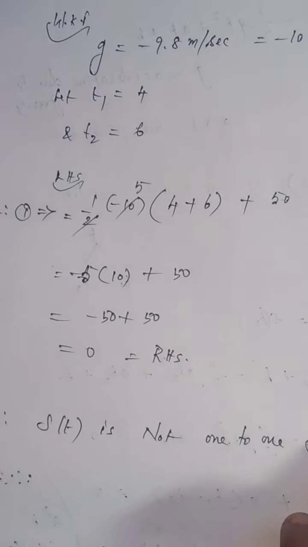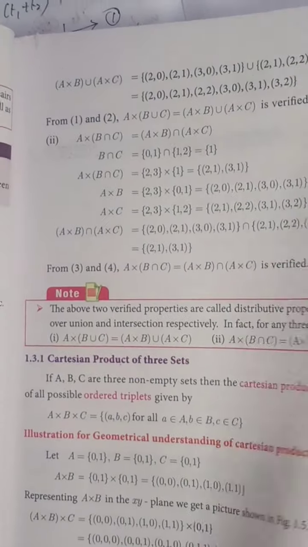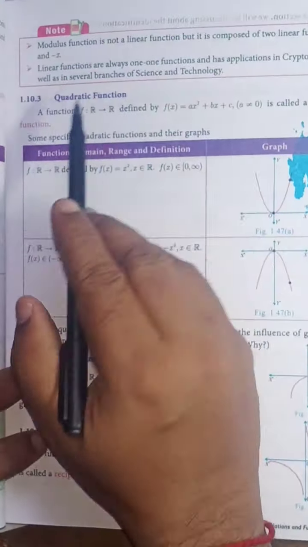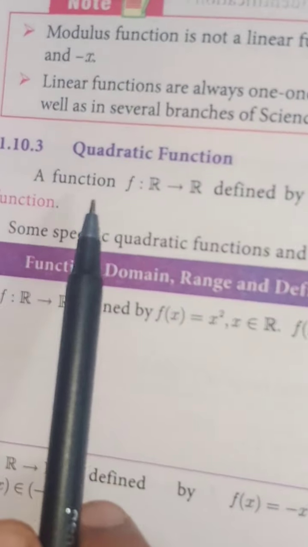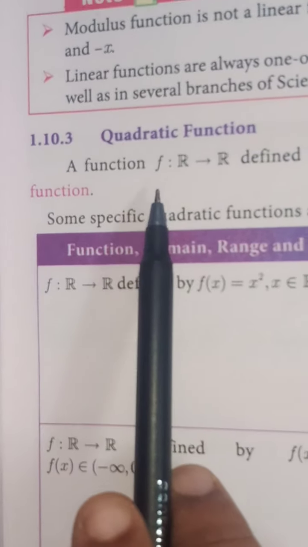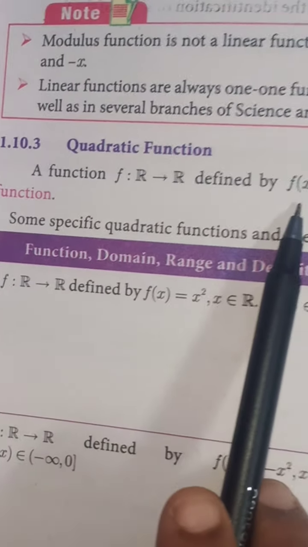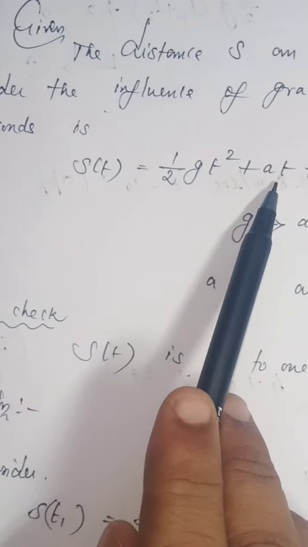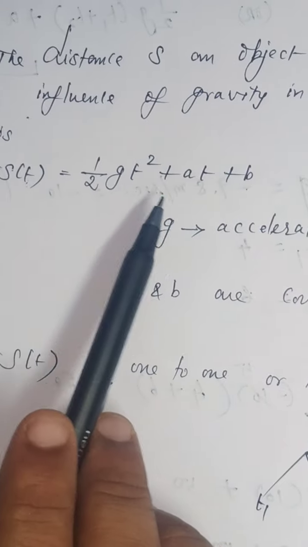Okay, so even in that page number 31, listen, see here, a clear explanation is given here. Quadratic function, a function f from capital R to R defined by f of x equals ax square plus bx plus c. In our question, in problem number 11, half gt square plus at plus b, this is in terms of t.